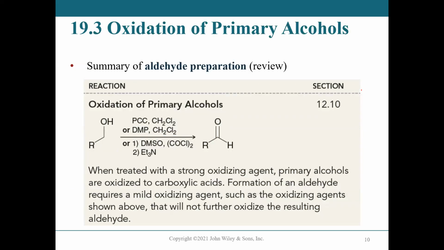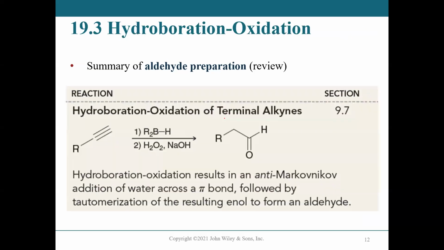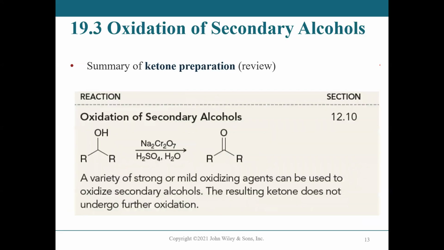There are some different ways of making these aldehydes or ketones, and they're referring you back to some previous chapters. Chapter 12 talks about the oxidation of primary alcohols to form the aldehyde. Chapter 8, we form aldehydes from this reaction. Chapter 9, and chapter 12 again.